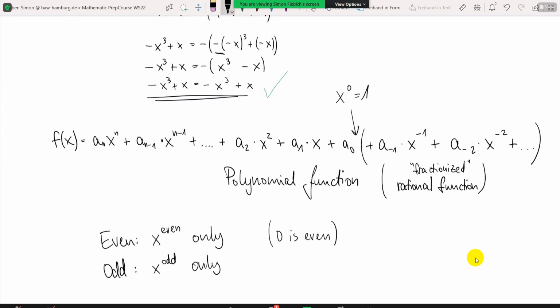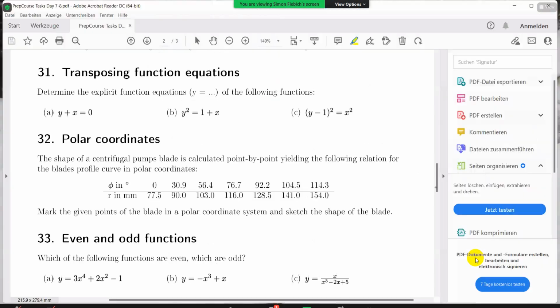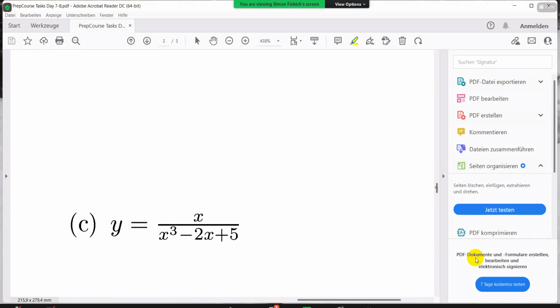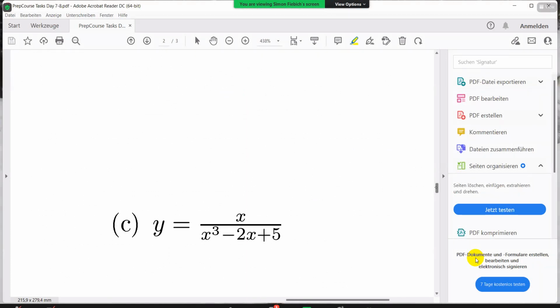Okay, and that's why if we, for instance, have a look at task number C. Oh, there we go. So task number C, is that an even function? Is that an odd function, or neither of them? If you apply the rule we just set up at the end. Odd function. Yeah, I believe so.